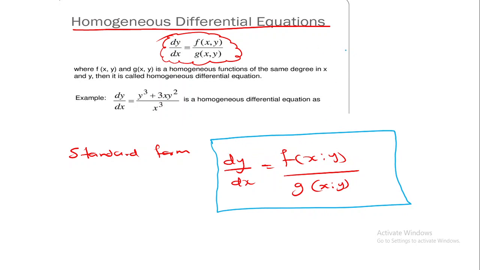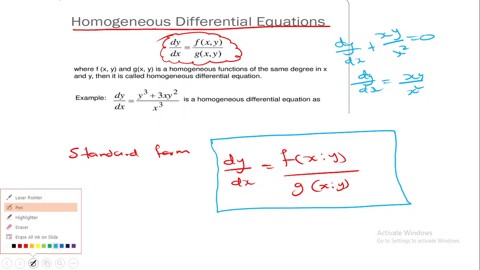For example, let's say they give you dy over dx plus xy all over x squared equals 0. Make sure that our equation is in standard form, meaning that you transpose what you have on your left hand side to your right hand side. You end up with dy over dx equals xy all over x squared. So make sure that the equation you're dealing with is in standard form.